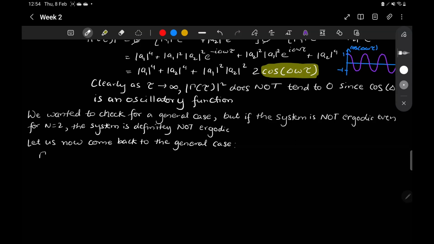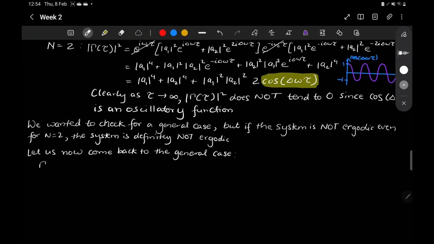So the general case, let us write down once again. So gamma of tau is given as this.